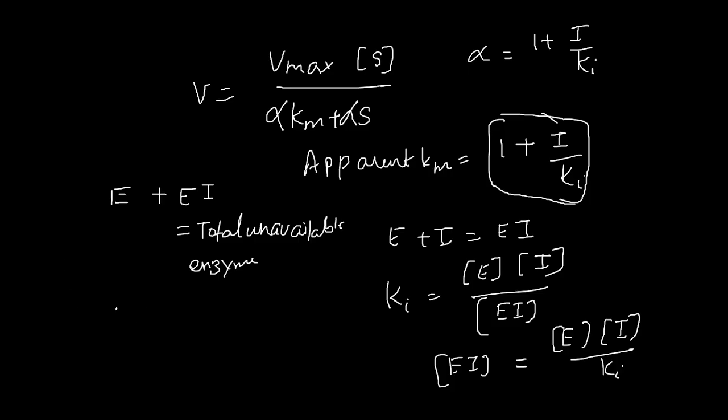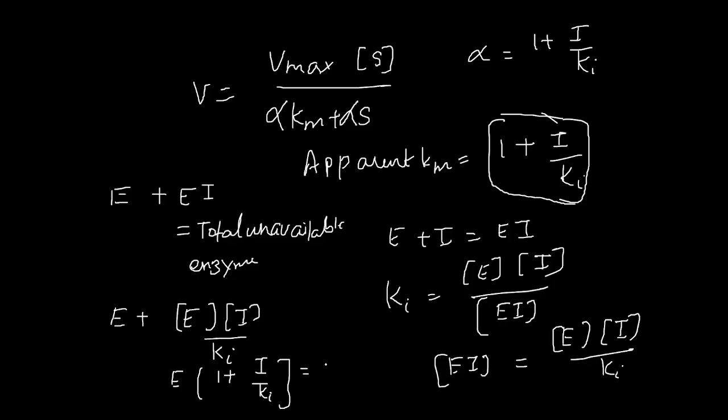So we can write E plus I by Ki times E. So if you draw this line, you will get E times 1 plus I by Ki. This is your total unavailable enzyme. Now you know Km is equal to Es by Es.